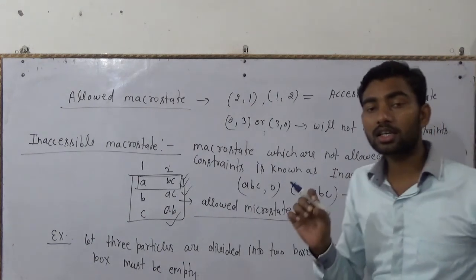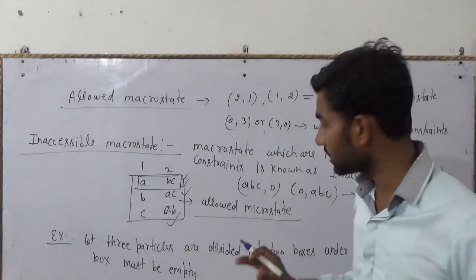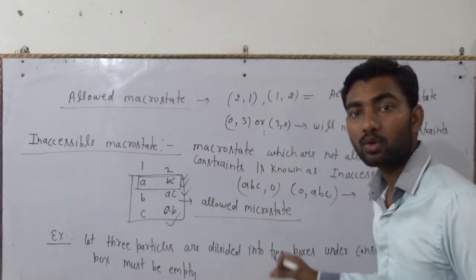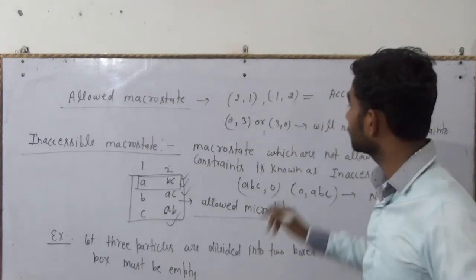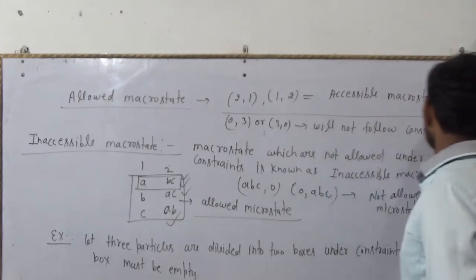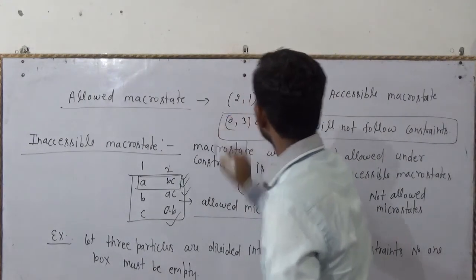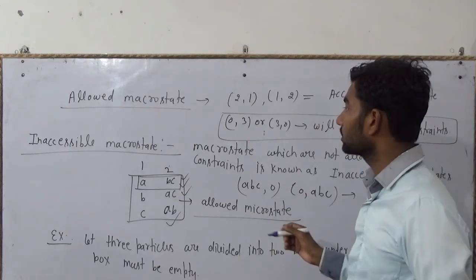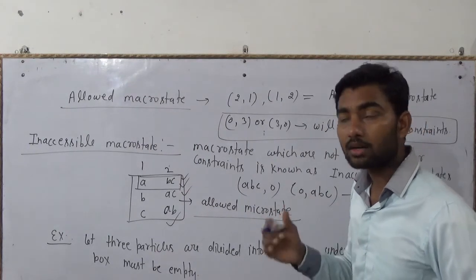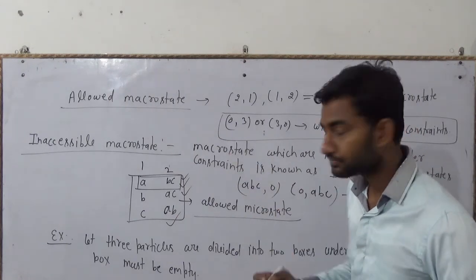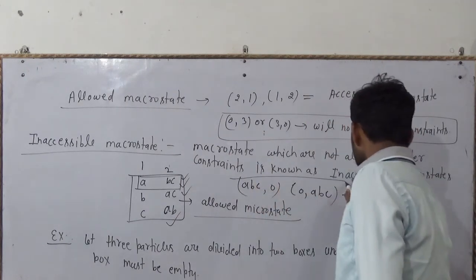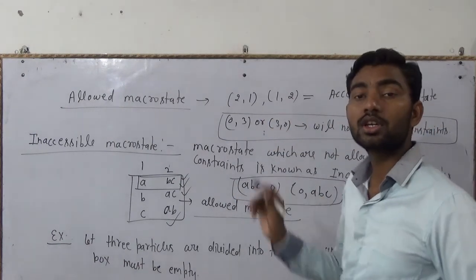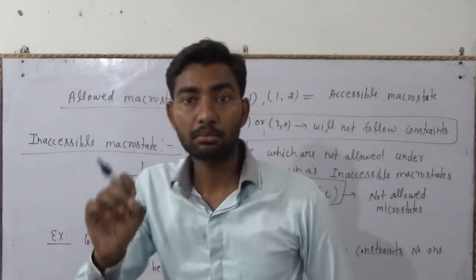Then what are the inaccessible microstates? Friends, in this example, 0, 3 and 3, 0 are inaccessible microstates. And in terms of particles, 0 ABC or ABC 0 will be inaccessible microstates.